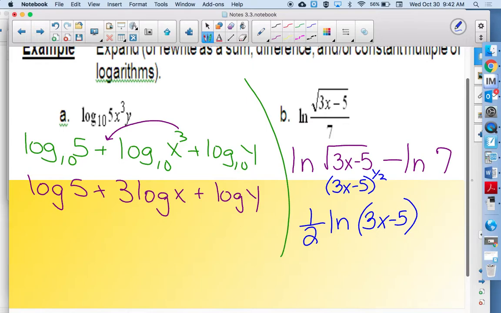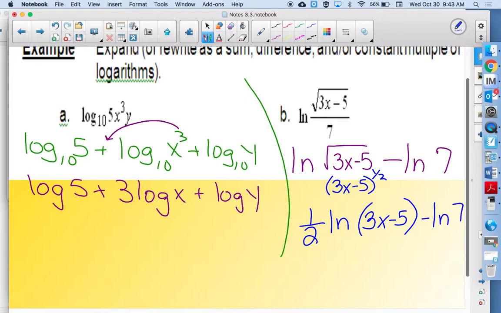It's grouped together. Both of those are contained with the natural log. One part isn't separate. And then the natural log of 7. But I'm not separating this any further because it was underneath one square root. It's still grouped together as the quantity with this first natural log. So 1/2 natural log of 3x minus 5, parentheses, and then minus the natural log of 7.